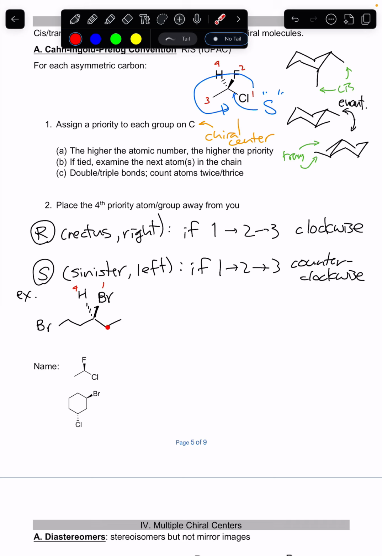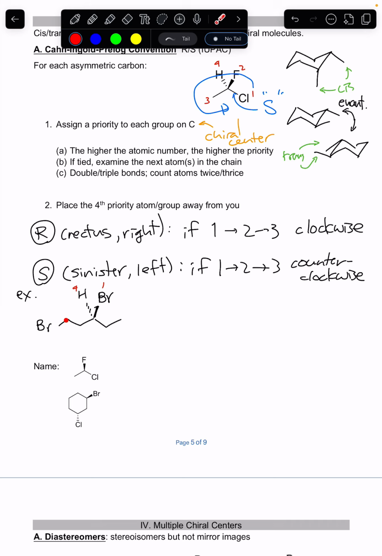So then we need to look at the atoms that are attached to this carbon. Here's a carbon attached to that, as well as 2 hydrogens. If you look at this carbon, there's a carbon attached to that, as well as 2 hydrogens. So even if you go out one more atom, they're still tied between left and right.